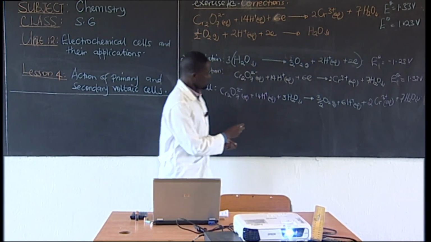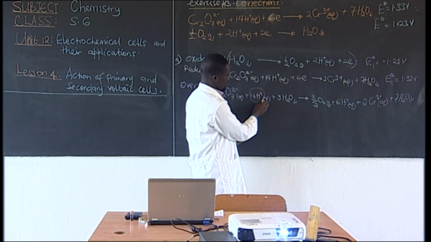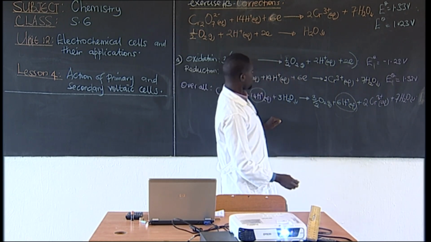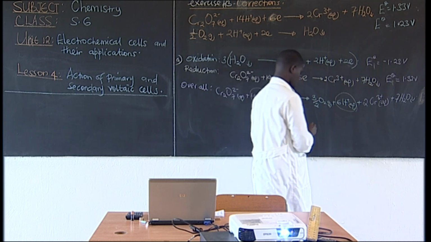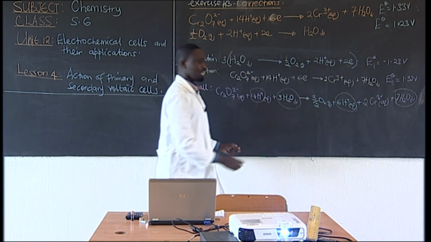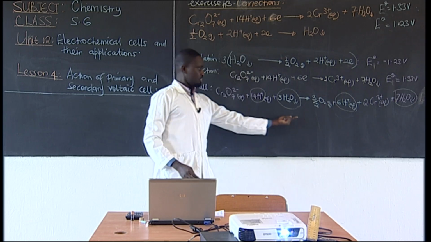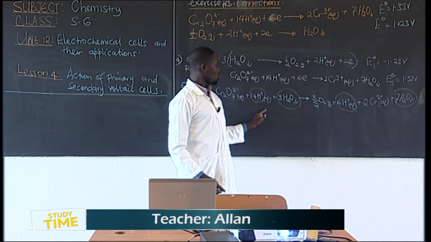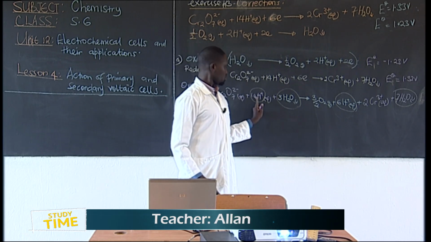You must be noticing that we are having some parts which are common to either side, this side and that side. So in the overall equation, we must eliminate this.